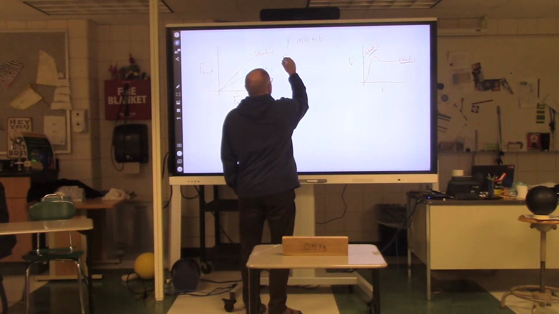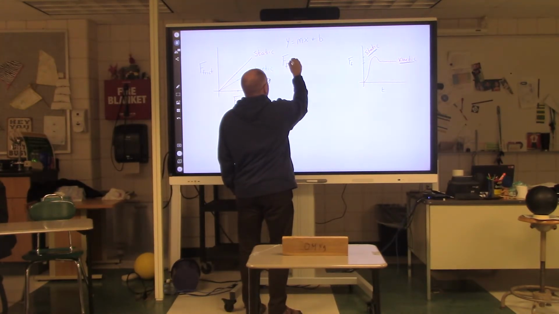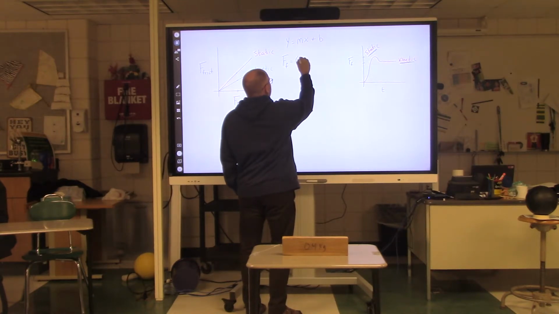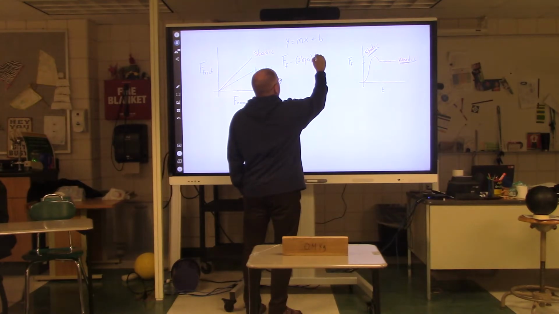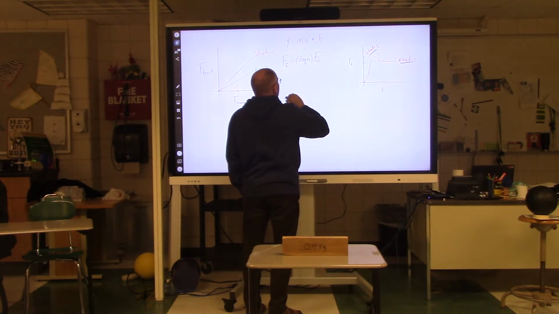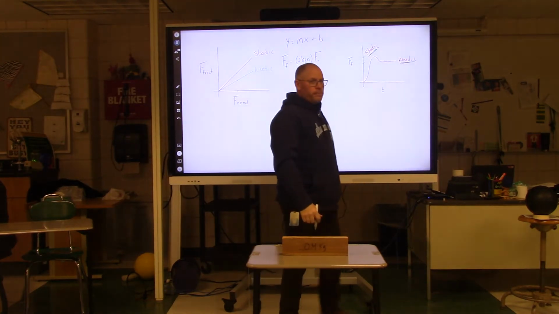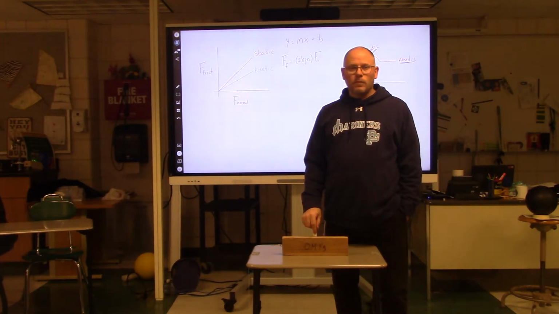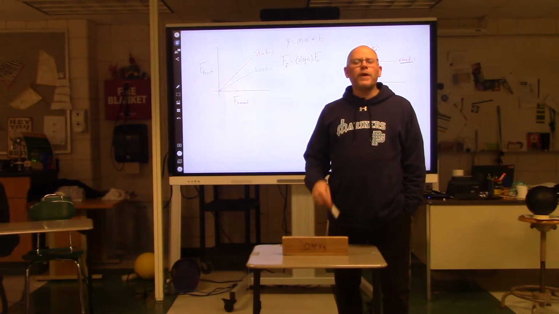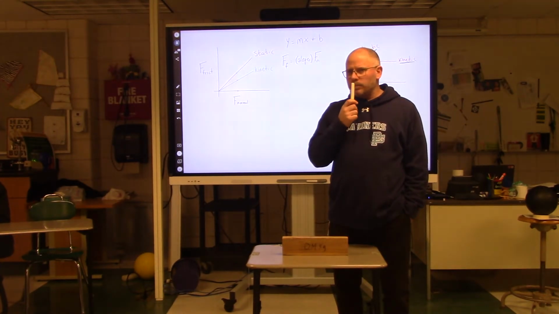So the frictional force, F sub f, is equal to, what does the m represent? That's the slope, good. And then what's on the x-axis? The normal force. And what about the b value? The starting friction. So what do we think the b value should be? 0. Do we think it should be 0?